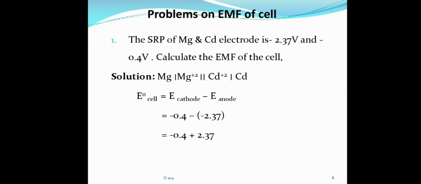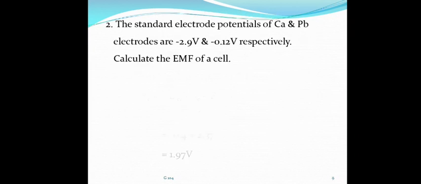That is 2.37 minus 0.4. It comes to 1.97 volts. Did you follow it or not? Yes. Let us go for another problem.